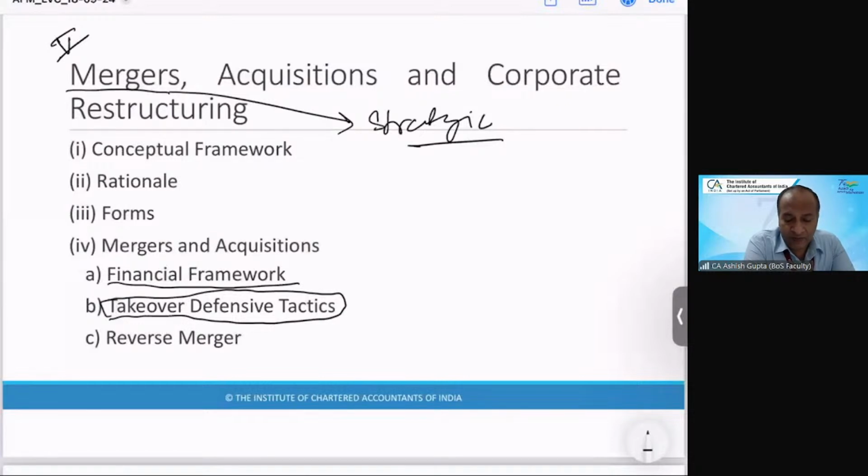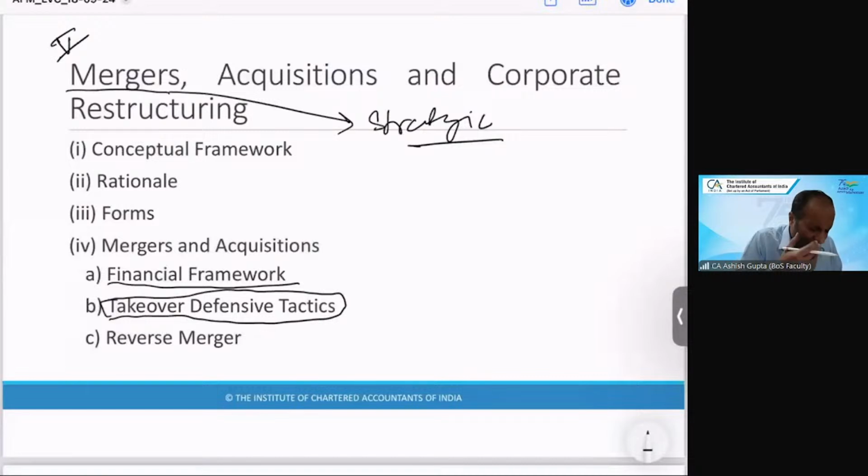If a company's management approaches another company's management that they want to acquire them, the other company may agree. Then it is a mutually agreed acquisition. But the first company may also start acquiring shares from the market at any price. That becomes a hostile takeover.